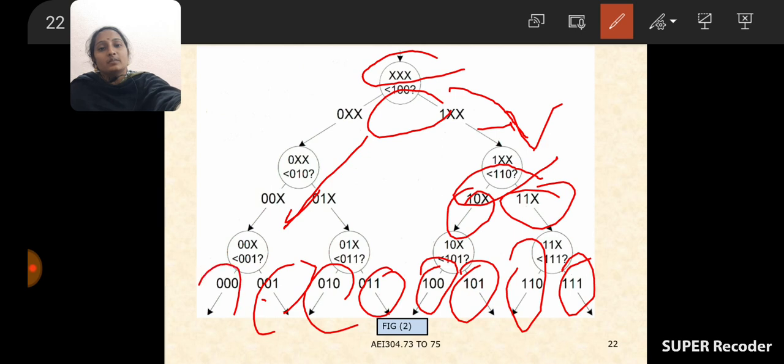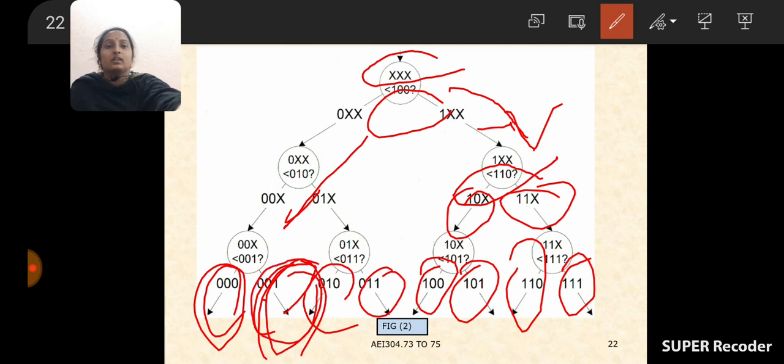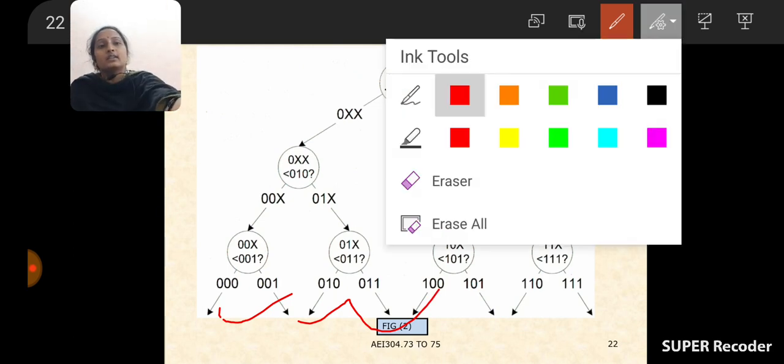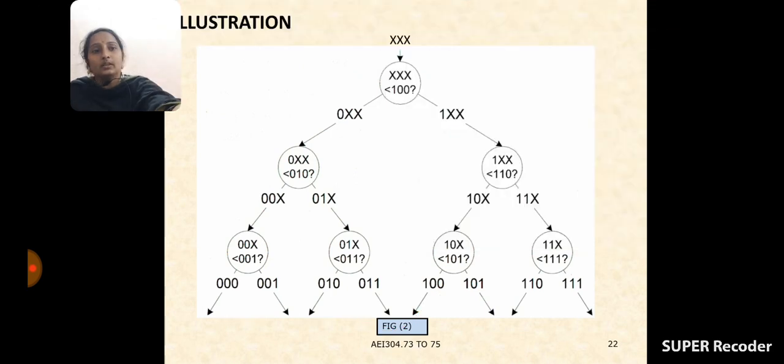Each bit is compared with its succeeding bit, the next bit. 000 is compared with 001, 010 with 011, 100 with 101, 110 with 111. In this way, the first bit is compared with the second, the second with the third, the third with the fourth, until the comparison is done, until the DAC output is equal to the applied input voltage.